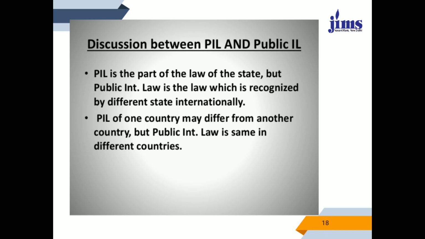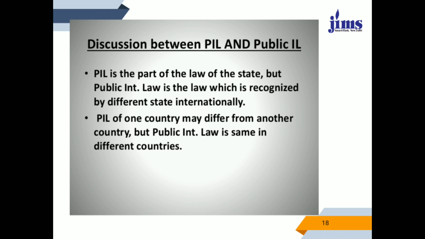Now we have the discussion, or we can say the difference, between PIL and public international law, the private and the public international law. Now what does it say? Private international law is a part of the law of a state, but public international law is the law which is recognized by different states internationally.